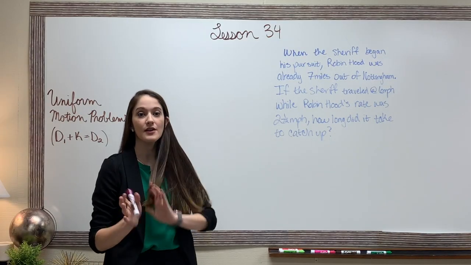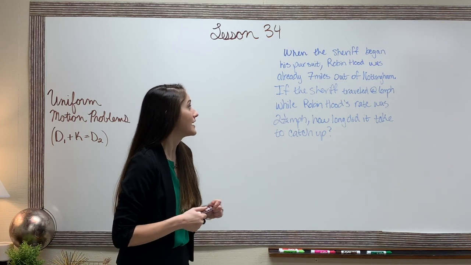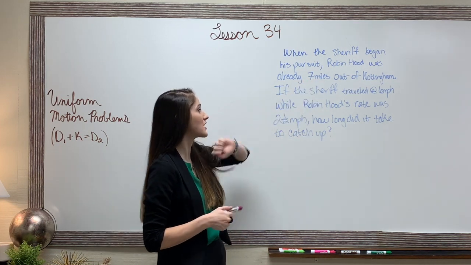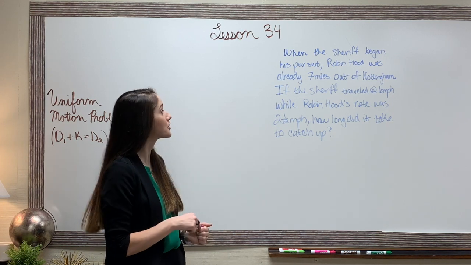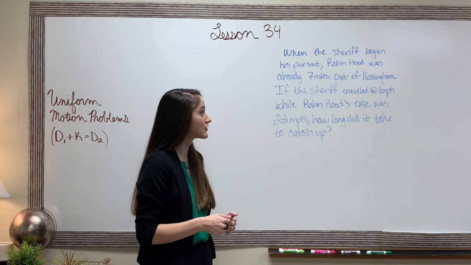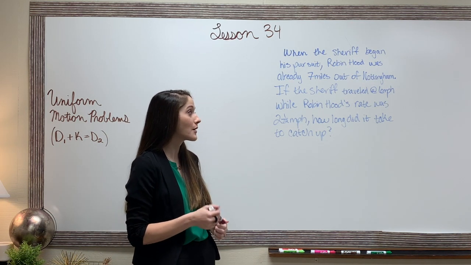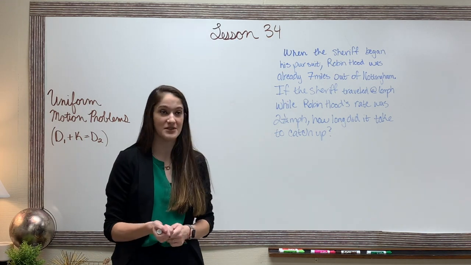So we're done. Our second example is going to be the other type of scenario that we'll see with this particular type of word problem. In this case, Robin Hood is going to have a 7-mile head start. So when the sheriff began his pursuit, Robin Hood was already 7 miles out of Nottingham. If the sheriff traveled at 6 miles per hour while Robin Hood's rate was 2.5 miles per hour, how long did it take for him to catch up?